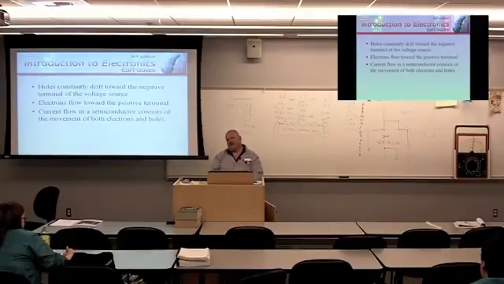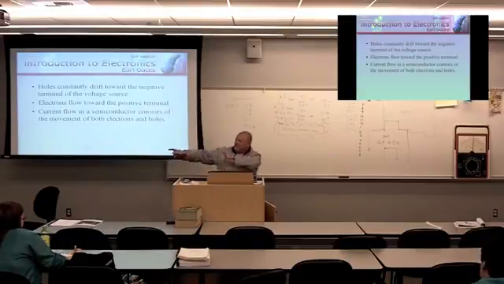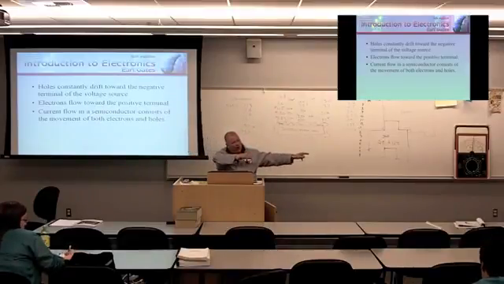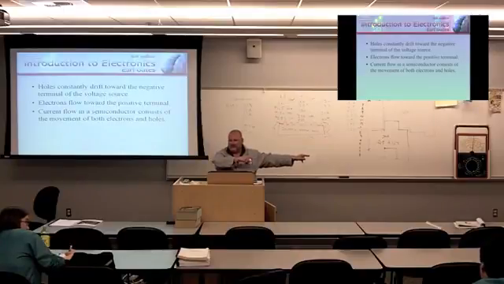Now, current flow in a semiconductor consists of the movement of both electrons and holes. Everything you studied up to this point in ELEC 110, we were only really concerned about current, I. 1 amp is equal to 1 coulomb per second. Remember that? Now, to be totally honest with you, whether 6.24 times 10 to the 18 electrons go this way per second, or 6.24 times 10 to the 18th holes go this way per second, either will equal 1 amp.